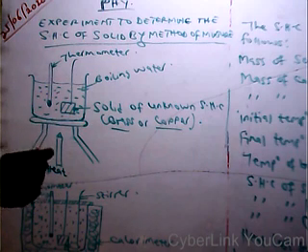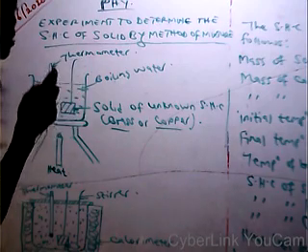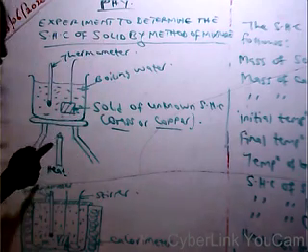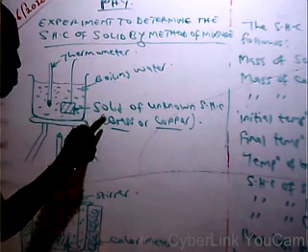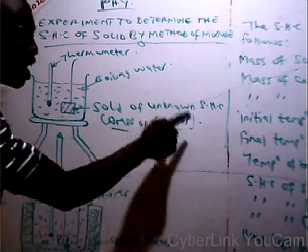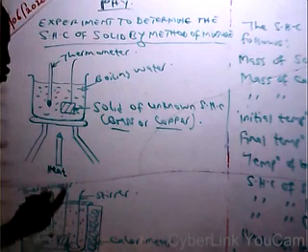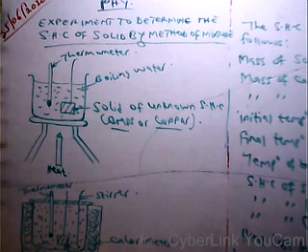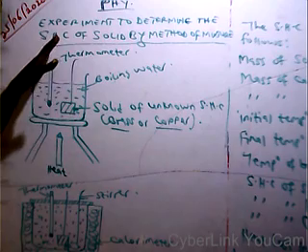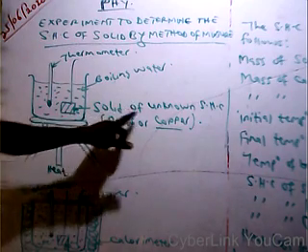But let's assume that we want to use the same method to determine the specific heat capacity of a liquid. In this case, the solid metallic material we are going to use must be of known specific heat capacity, and the liquid whose specific heat capacity we want to determine will be of unknown SHC. Here we want to determine the SHC of the solid. That's why we say the solid is of unknown SHC.